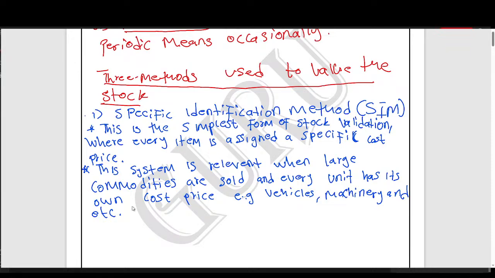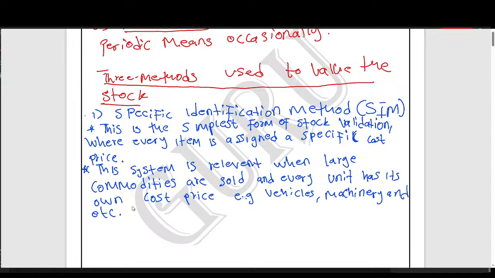Because someone can know how to calculate, but when we go to the theory part, that person fails. It proves that that person doesn't know accounting. So I take accounting calculations and theory and put them together. You will see that now you know what you are writing and what you are calculating.